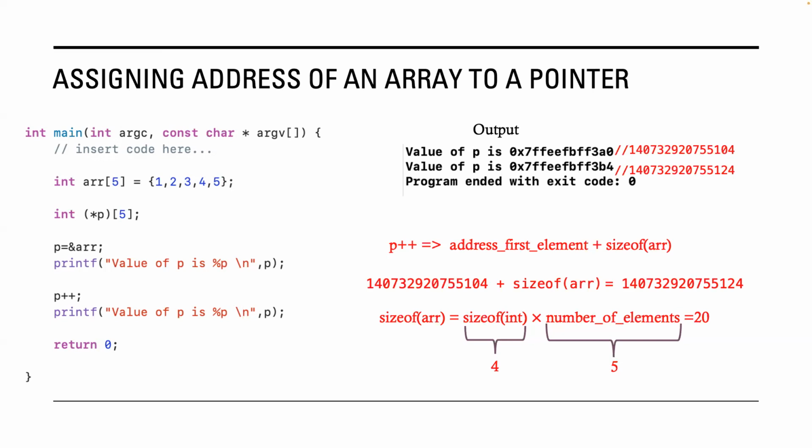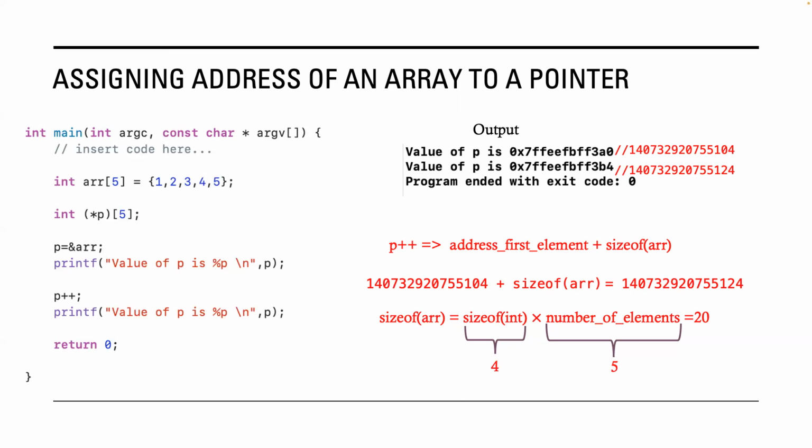Now here I have the int array ARR, and then I declared this pointer as an array, and I assign the value to this pointer using this ampersand ARR. And then I operate the increment operator, P++. So if you run, you will get this kind of result.